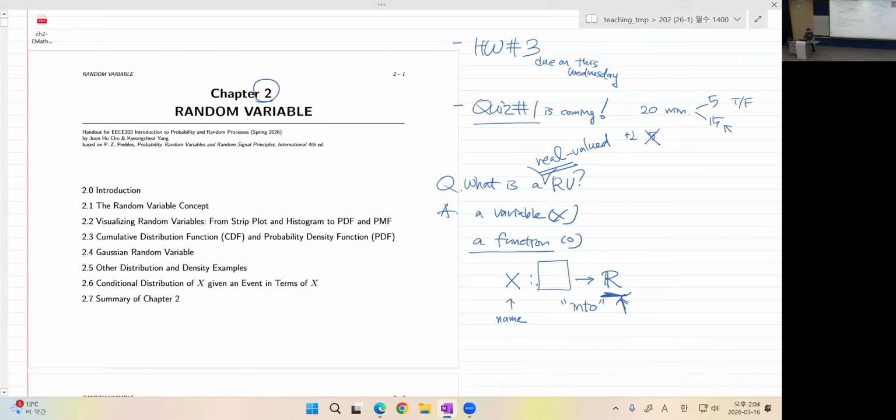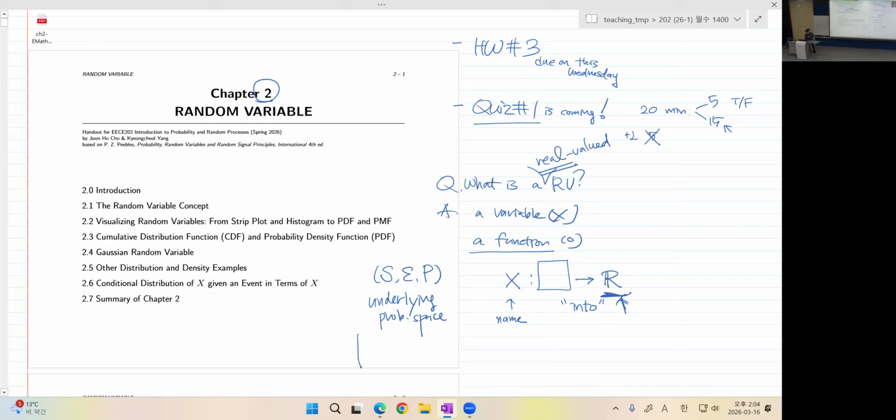In order to answer this question, we have to assume that there is a hidden or underlying probability space that models hidden random experiments.